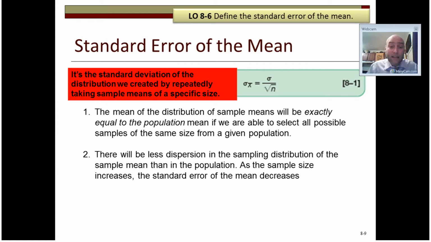Second, there will be less dispersion in the sampling distribution of the sample mean than in the population. In other words, if your population is very dispersed, and I start to take means, and then I plot them, that plotted distribution, my sampling distribution, will be narrower, necessarily narrower, always narrower. You're never going to pull two things, take the mean of those things, and find that the mean is somehow on one side or the other of your parent population.